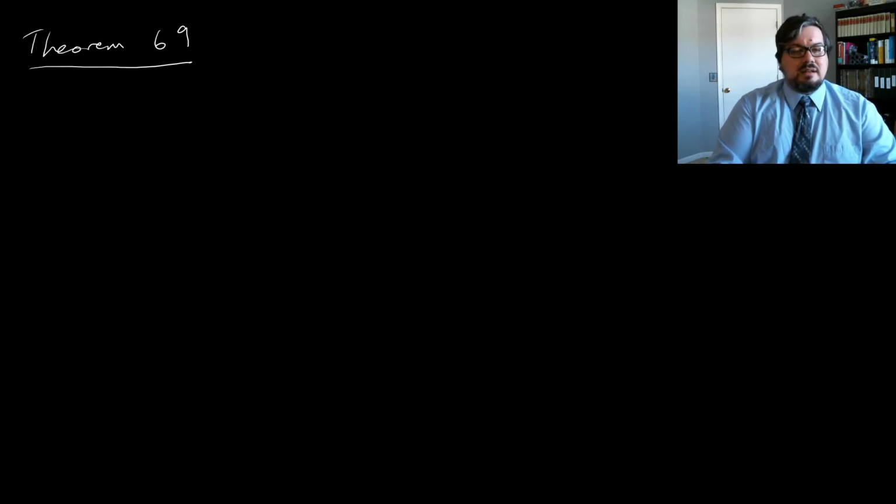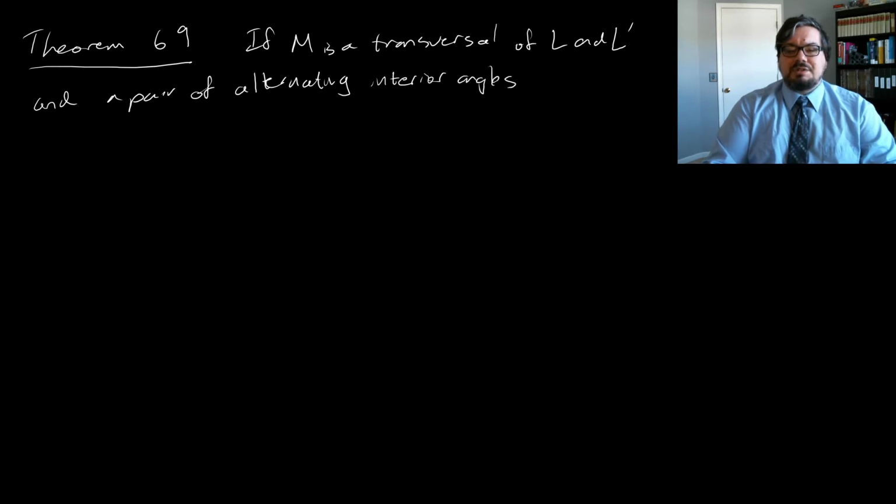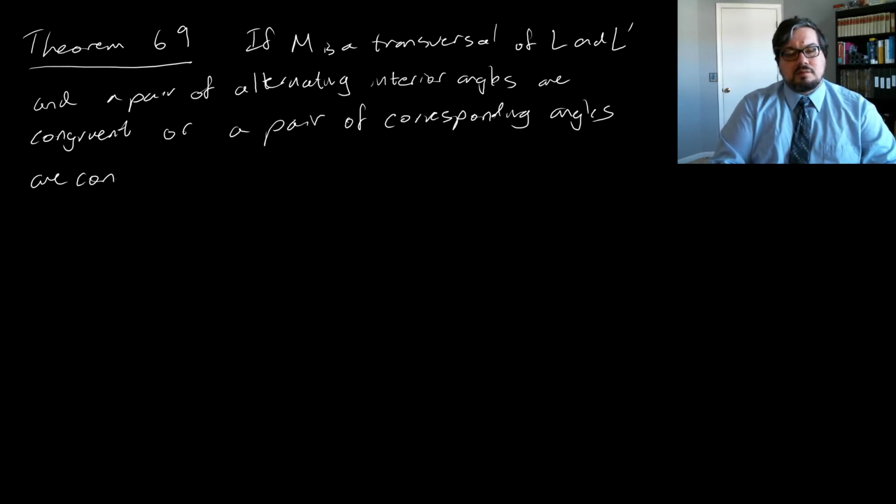Theorem 69 says that if M is a transversal of L and L prime and a pair of alternate interior angles are congruent, or a pair of corresponding angles are congruent, then L is parallel to L prime.